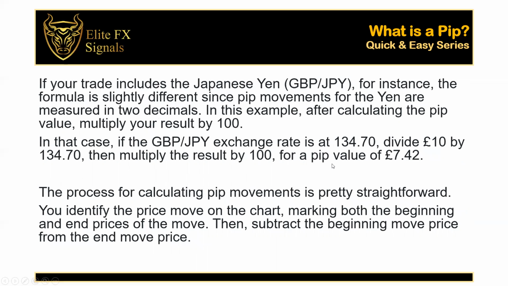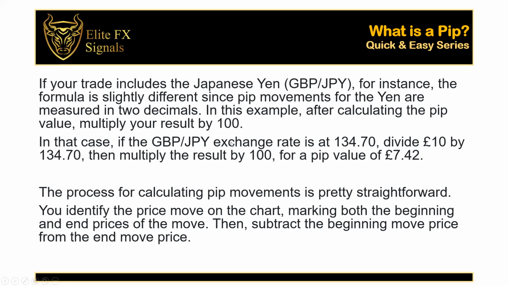Now, if your trading includes the Japanese yen, the JPY, GBPJPY for example, the formula is slightly different, since pip movements for the yen pairs are measured using 2 decimal points. In this example, after calculating the pip value just like we do, we multiply the result by 100.